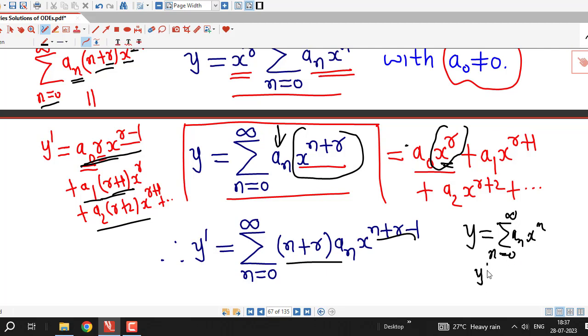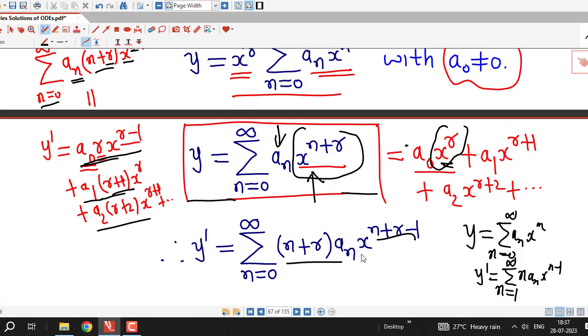In that case, we take y' equal to n aₙ x^(n−1), with n starting from 1 to infinity. But that is not the case here, so be careful. You can directly write down the derivative: simply write the derivative of x^(n+r), and the summation is from 0 to infinity.